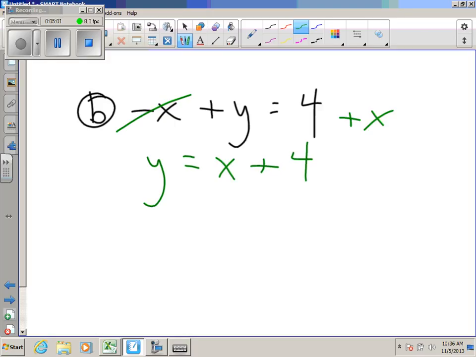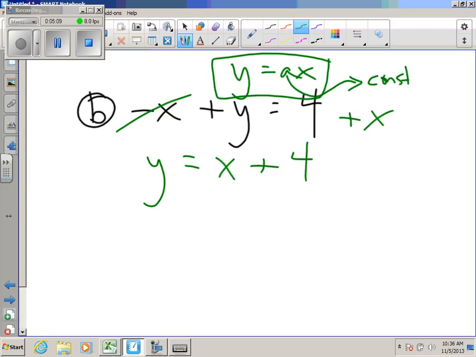So you're looking for this magic formula, where a is known as your constant. Okay, that's not the same thing.